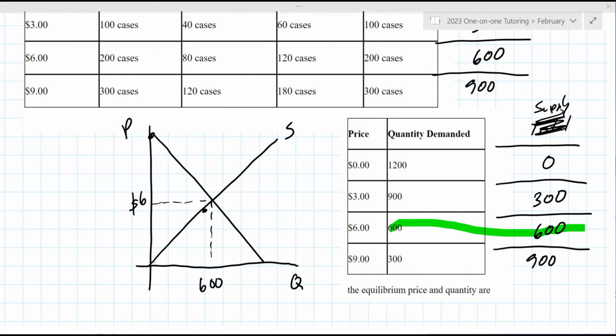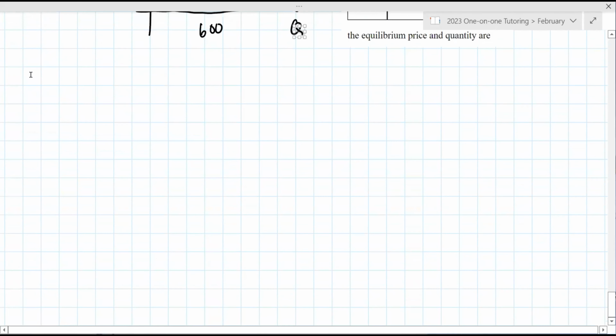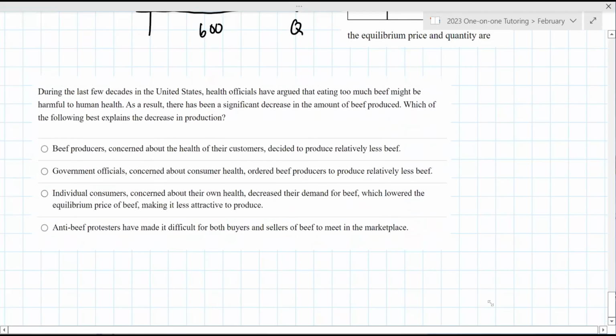So the answer to this problem is $6 and 600 cases, because that's where the two curves come together. So this is number 6.